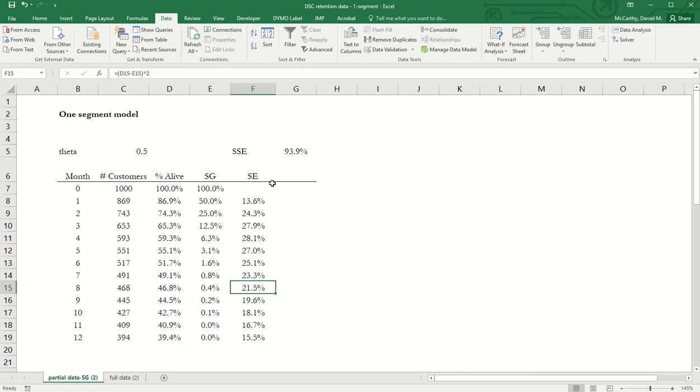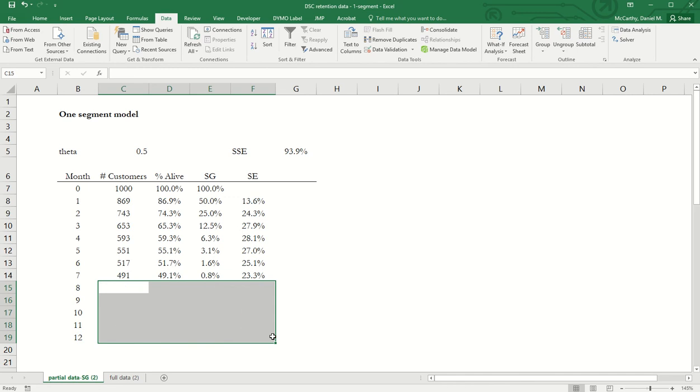And then what we want is a measure of error, and to make that error as small as possible. Now in this particular circumstance, we want to train our model on some of the data and see how well it predicts the rest of the data. So for our purposes, I'm going to assume that we don't get to see any of the data in months 8 through 12.